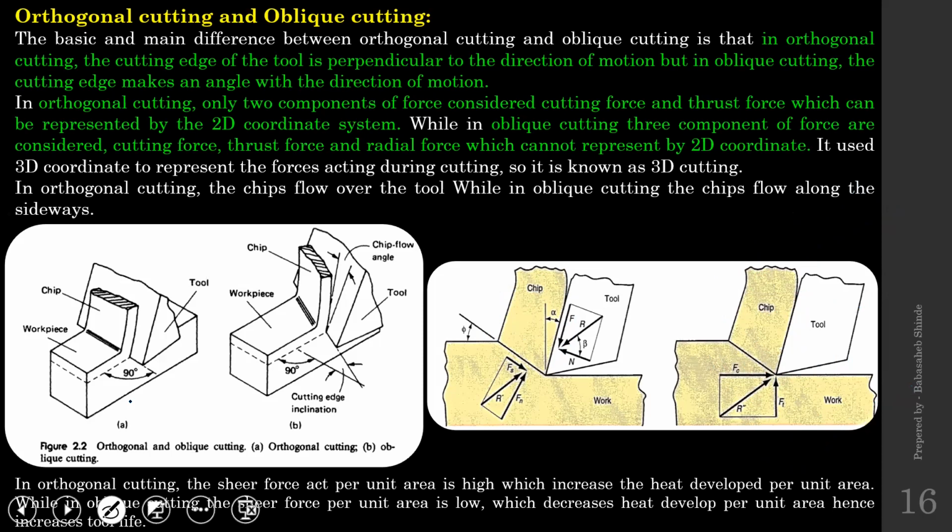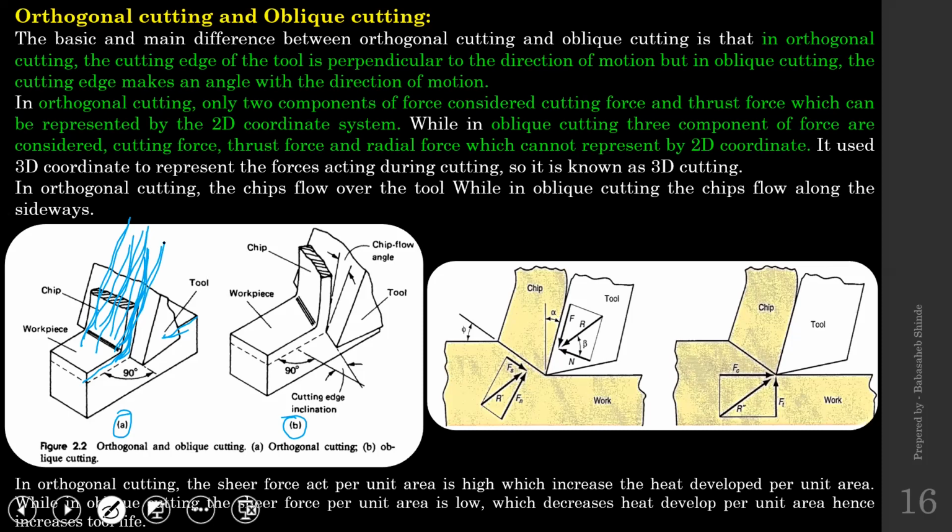Okay. So additionally, when you compare orthogonal cutting and oblique cutting, from the sketch itself you can see that the cutting tool is moving in this direction. On formation, the chip is going to flow across the face of the cutting tool. So chips are going to move across the face of the cutting tool. Whereas in oblique cutting, what will happen?